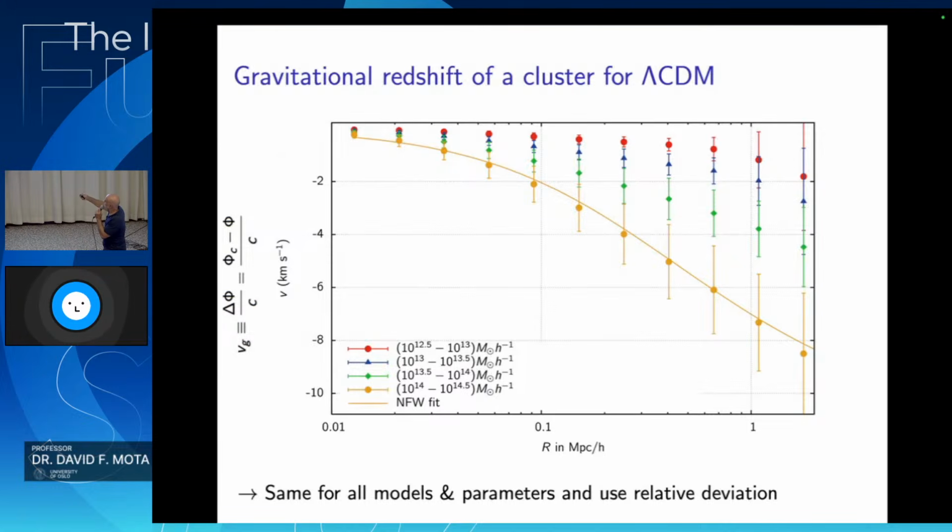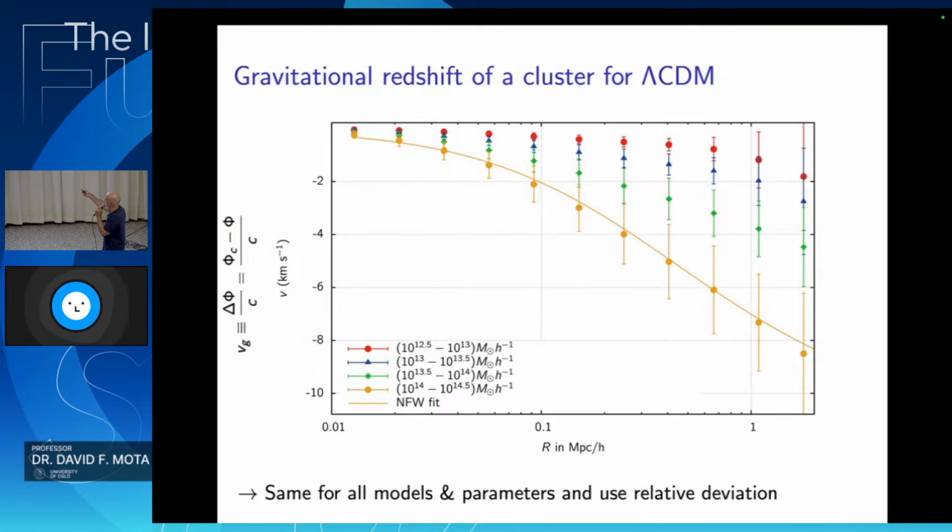So basically, it's the redshift, the difference in redshift between a photon in the center coming out from this massive galaxy in the center of the gravitational well with respect to a photon along this gravitational potential, as a function of radius. It's measured in kilometers per second, gravitational redshift.